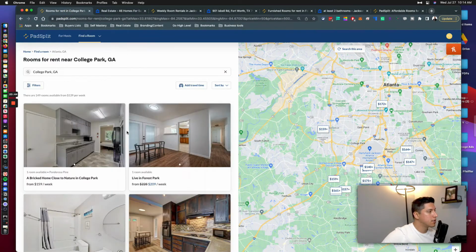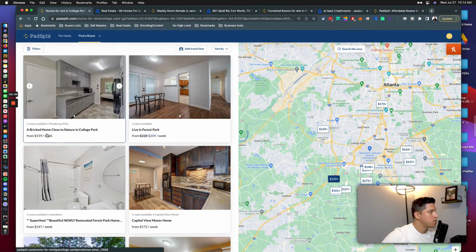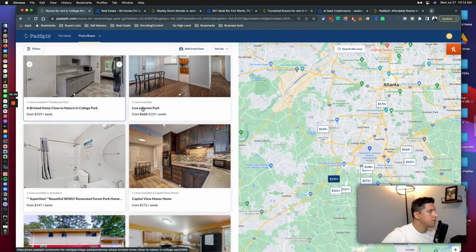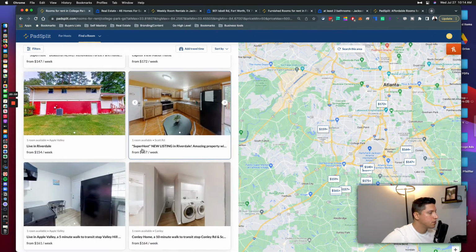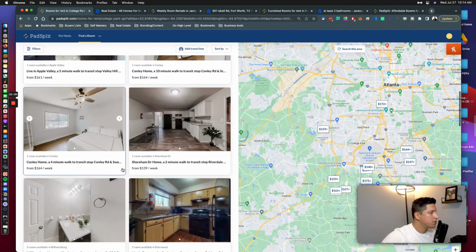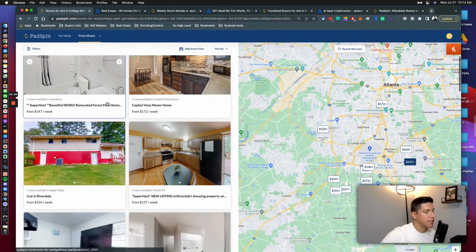All I do, which is a quick look, is see how much some of these rooms are going for. 159. So in Forest Park, 209, this one probably has a bathroom, but 159, 147, 172, 154. So here I'm looking, personally, I really like College Park because I think you're getting an average weekly rate of $160 a week.